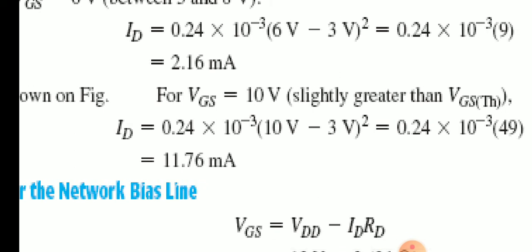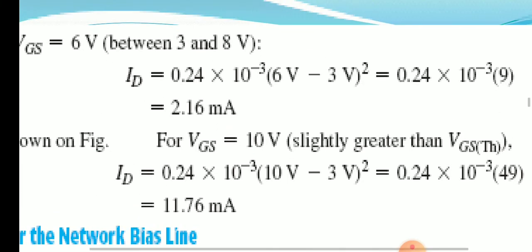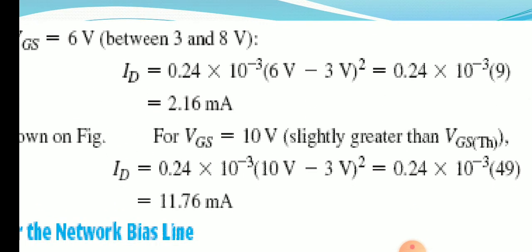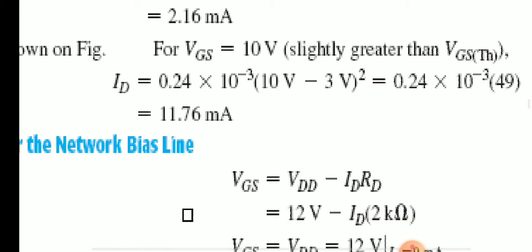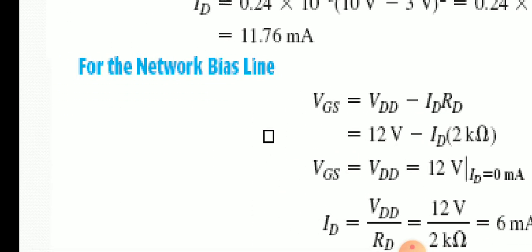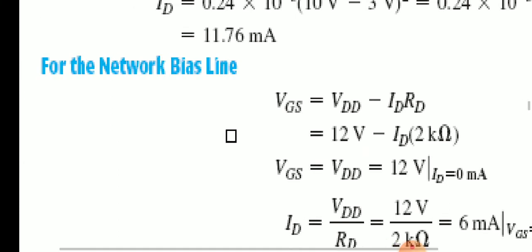Now we put VGS as 10 volt, which is slightly greater than VGS on. Then we will calculate the ID. So we are getting two different IDs, 2.16 milliampere and here 11.26. We just have to change the value of VGS: first we use 6 volt, second we use 10 volt. In this way you can take different values between the threshold and VGS on.